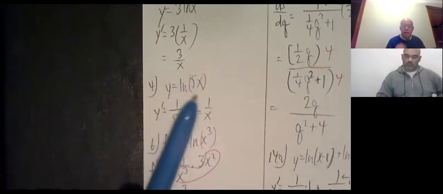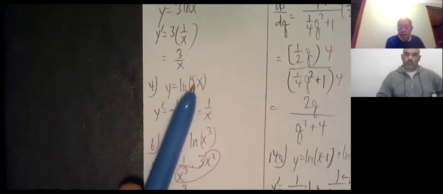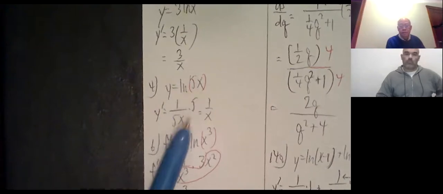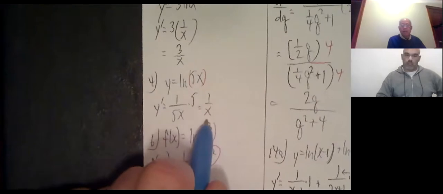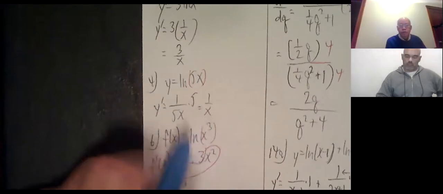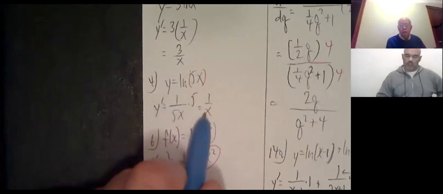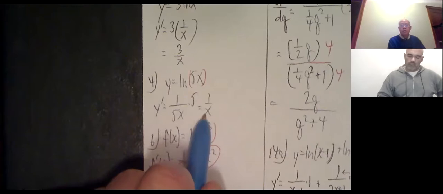And then the chain rule says times the derivative of the inside function. We've done that before already. So what's the derivative of 5x? 5. And notice the 5's cancel out, so you just have 1 over x again. So the derivative of ln 5x is also 1 over x, believe it or not.